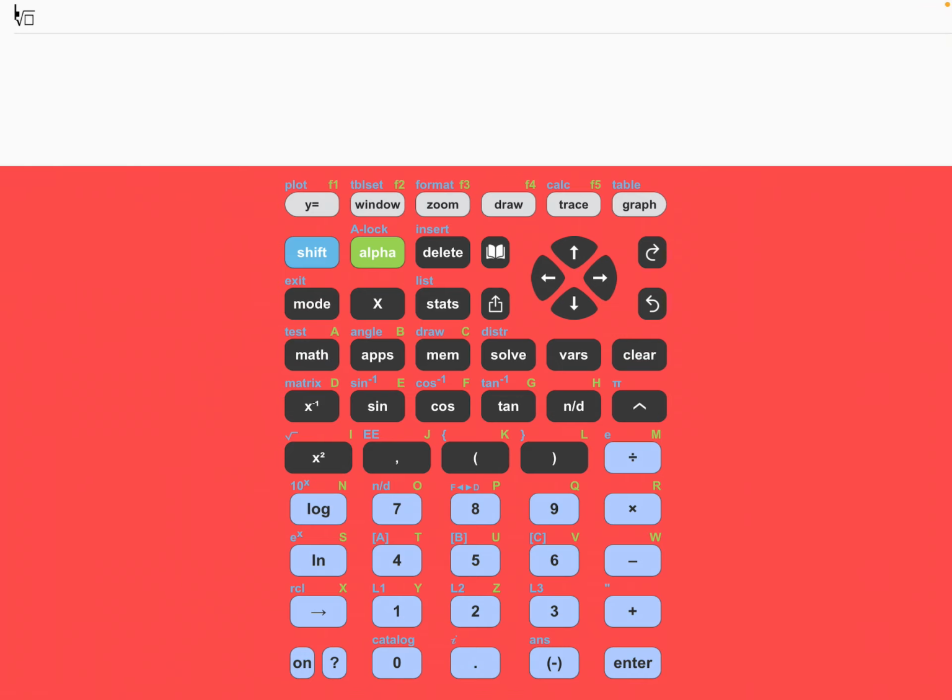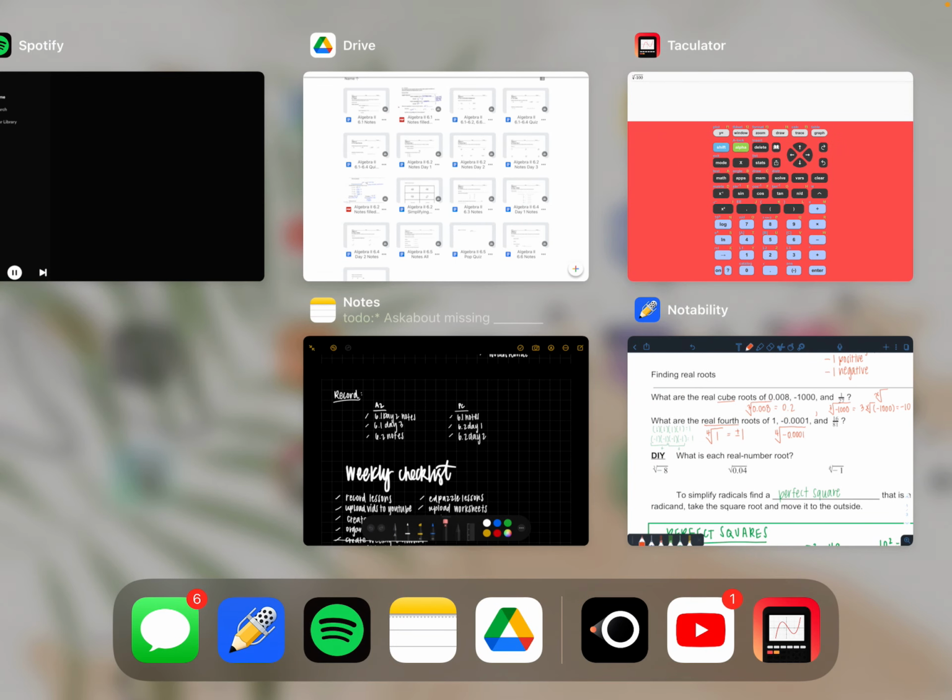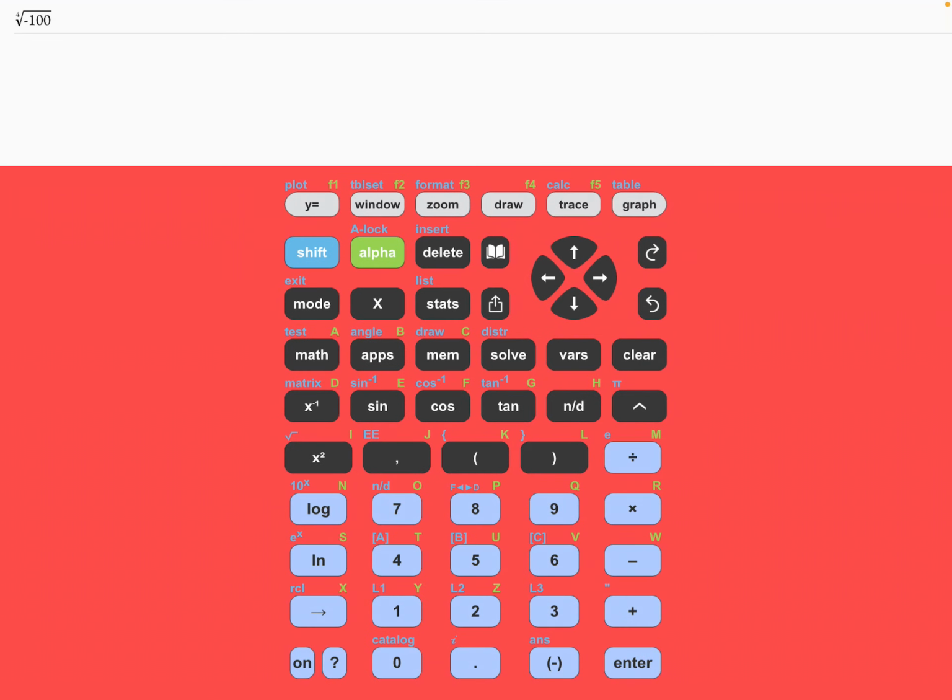And we'll do the fourth root of negative 0.0001.